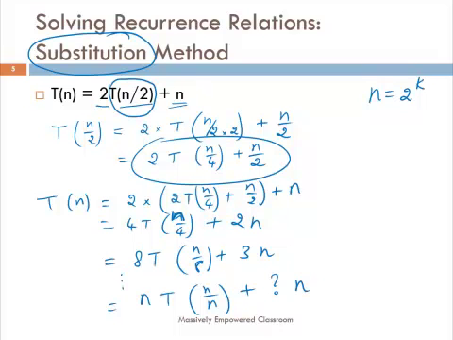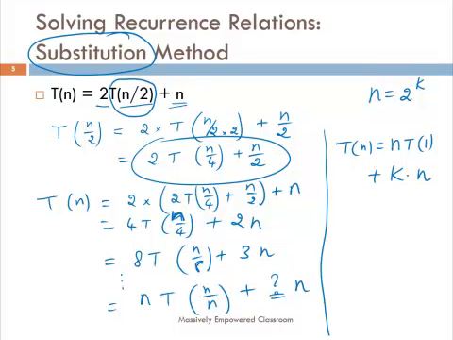After k steps, right, this number is 2 power 1, 2 power 2, 2 power 3, it will become 2 power k. So this will become n. In other words, if I continue that here, t of n becomes n t1 plus, what will be this number here, the question mark? That will be nothing but k. There will be k steps, right? So k times n. So we got two terms here, right?